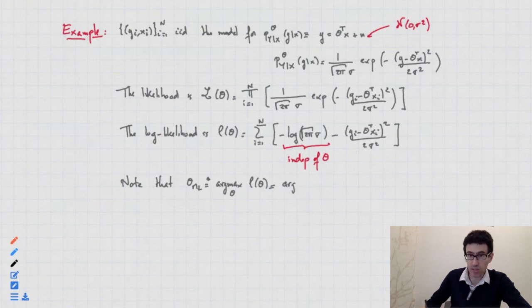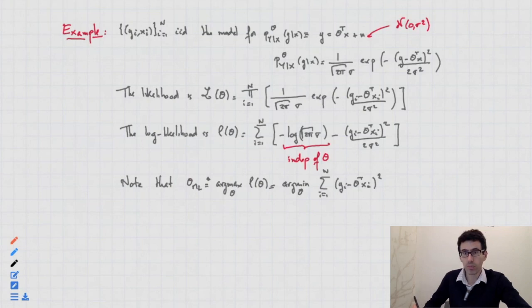It is going to be exactly the same thing as doing the argmin, because I have a minus sign, over theta of the sum from i equal 1 to n of yi minus theta transpose xi squared. Again, this is just me rewriting what it means to compute the argmax, using the fact that some terms in my likelihood have no impact on the result because they are constant and independent of theta.